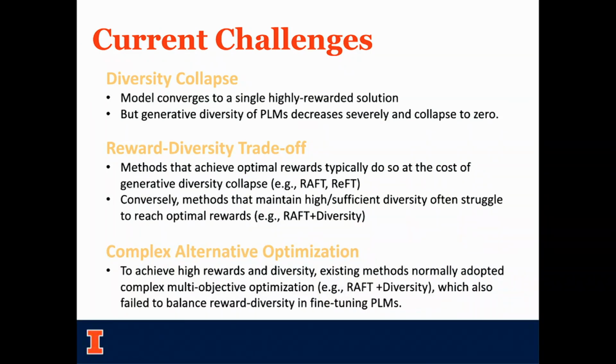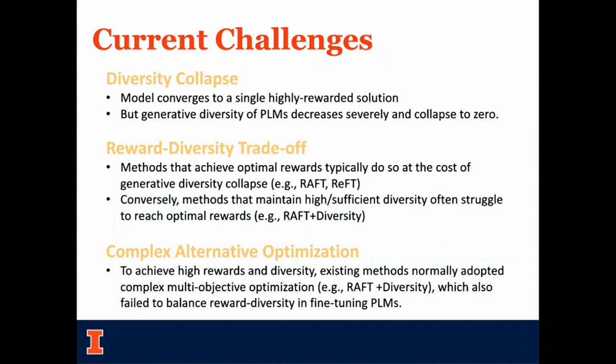Based on all the experimental results of existing methods, or existing methods with some diversity regularization, we can see that some challenges exist in current methods when fine-tuning the PLM. Firstly, we clearly see diversity collapse in existing methods like REFT, RAFT, and others.